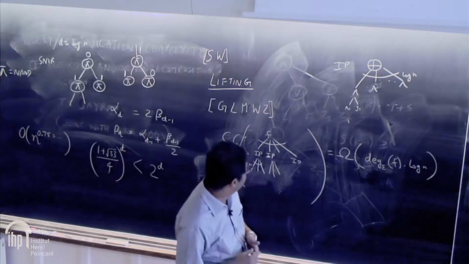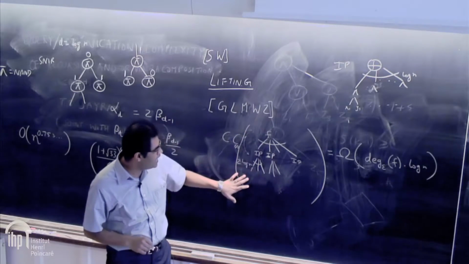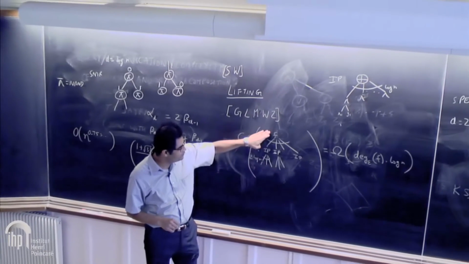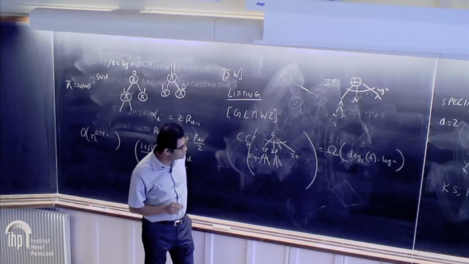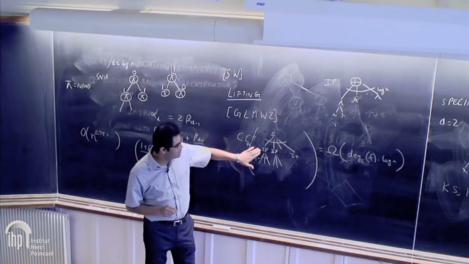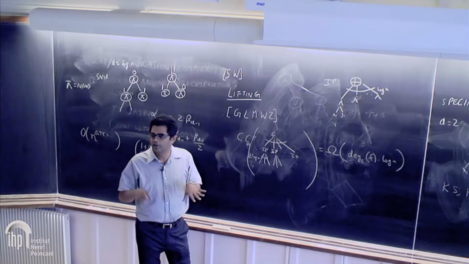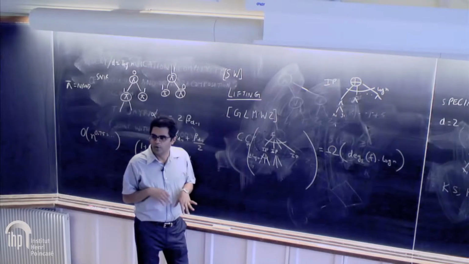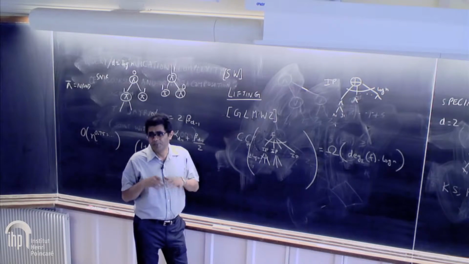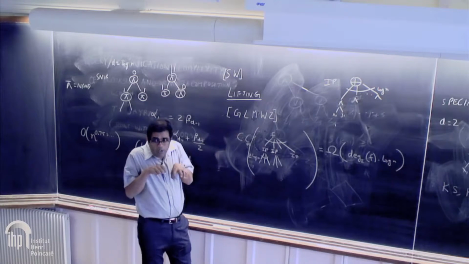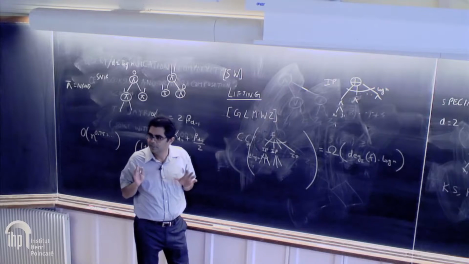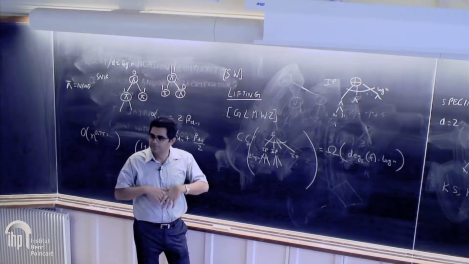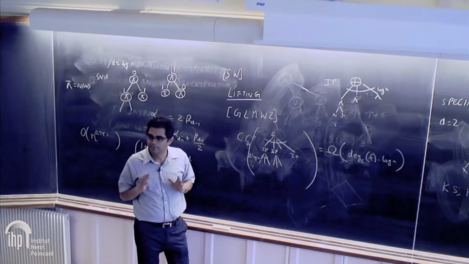Secondly, the function that I'm looking at is not AND/OR, right? It's f composed with inner product. But that's not a big issue either, because it turns out that if I have inner product on k leaves, or 2k leaves, I can simulate that small thing itself by another AND/OR tree with k squared leaves. Okay, so from log n, it becomes log squared n.